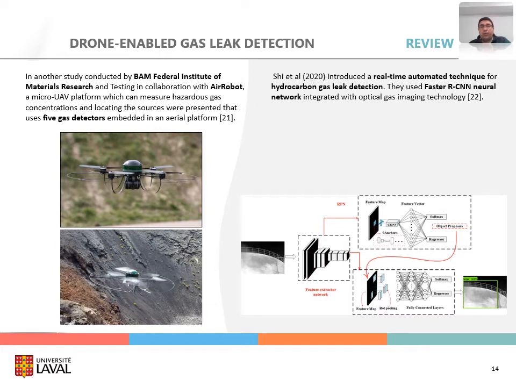Also, another study introduced a real-time automated technique for gas leak detection, which uses an FRCNN neural network integrated with optical gas imaging technology to tackle the gas leak detection issue.